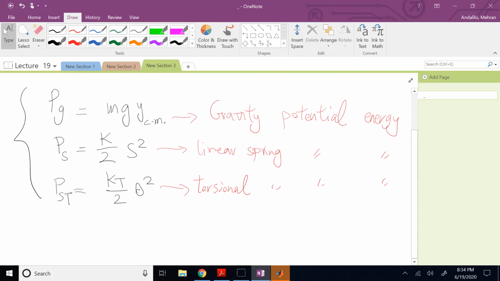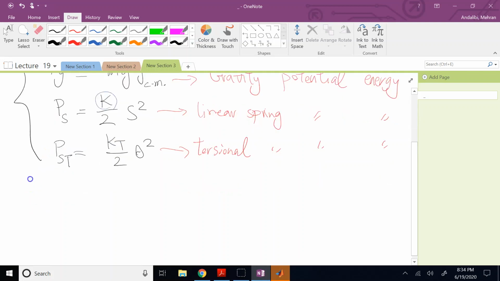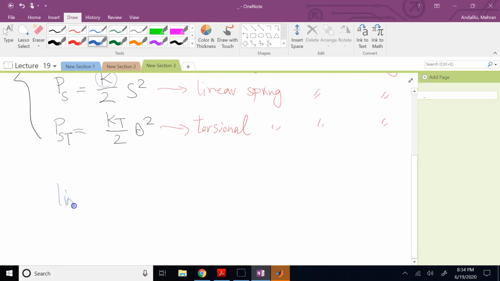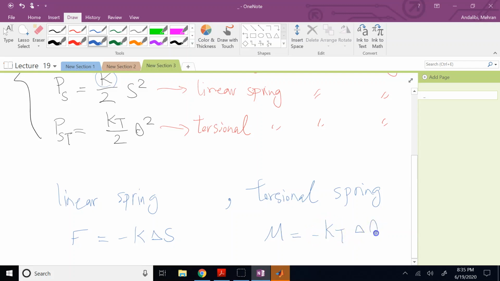Okay, so this k, if you look at the unit for that, the unit is what? Because for a linear spring, let me show you, the force is equal to negative k times delta s, and for a torsional spring, the couple, the moment that it creates and resists twisting, is negative k sub t times delta theta.